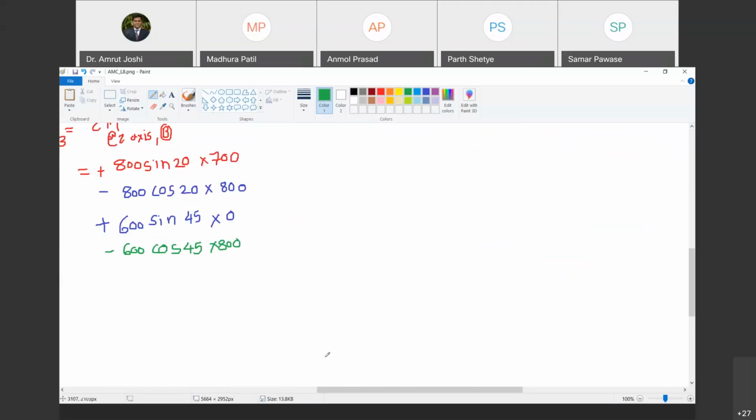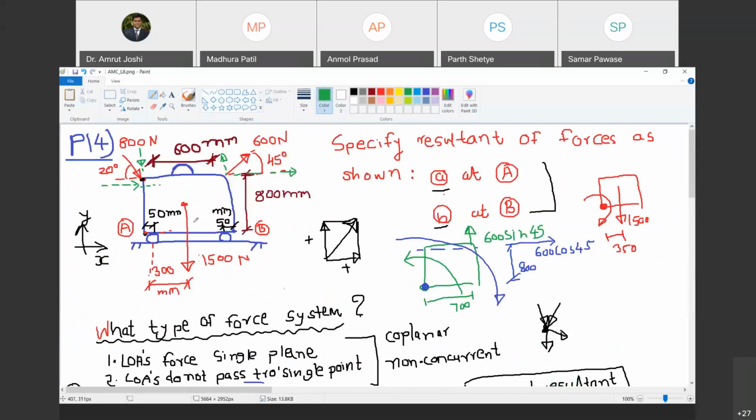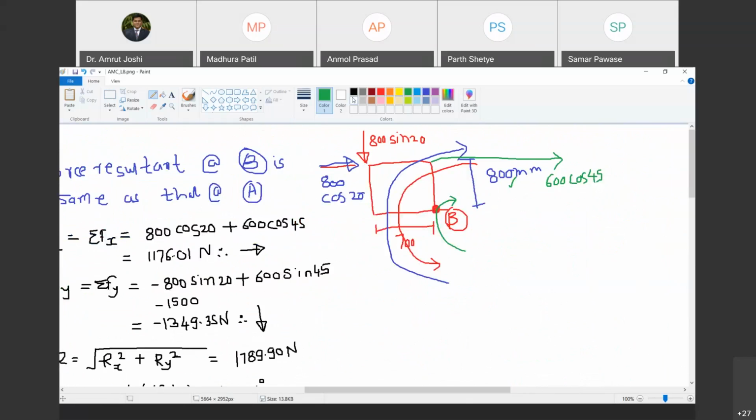Okay. What else? We have 1500 Newton force as well. Yes, sir. What is the perpendicular distance between B and line of action of 1500? 350 mm. Yes, because this is 300, plus you are also going to have this 50. So distance is 350. So I will show it here by another.